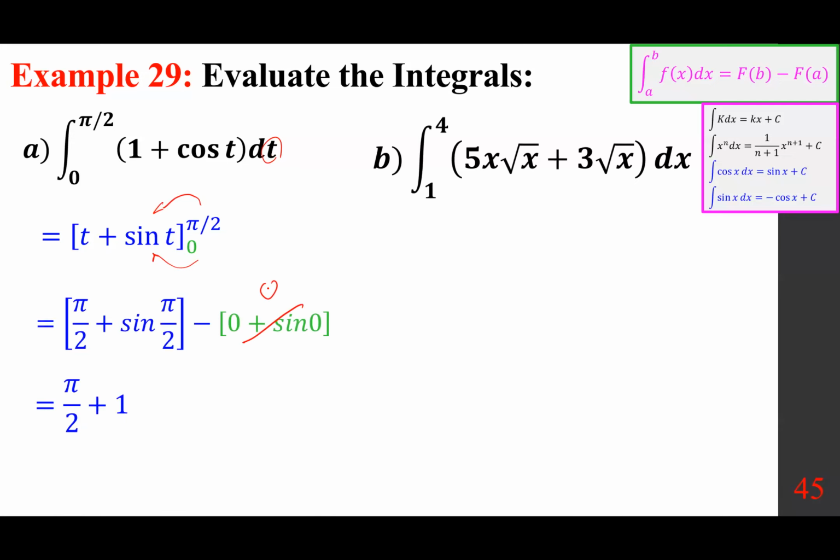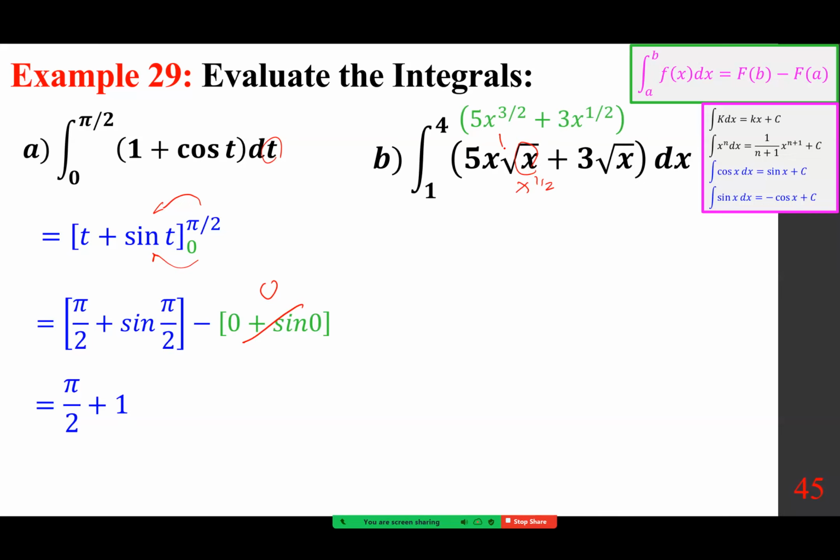Well, just like with differentiation, first we are going to write this one as x to the power of 1/2, and this has exponent 1. 1 and 1/2 gives us exponent 3/2. So 5x to the power of 3/2 plus 3x to the power of 1/2 dx.